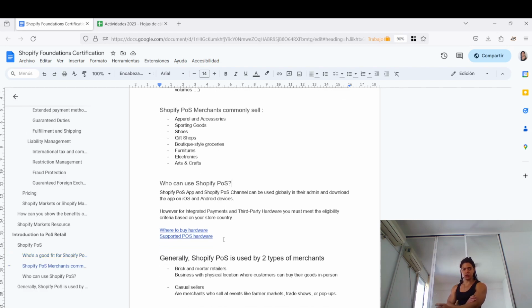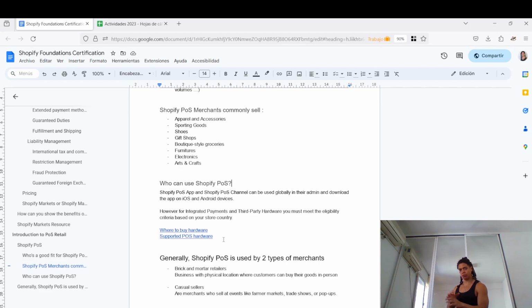So who can use Shopify POS? Shopify POS can be used by everyone, so it's available globally, the Shopify POS app and the Shopify POS channels.